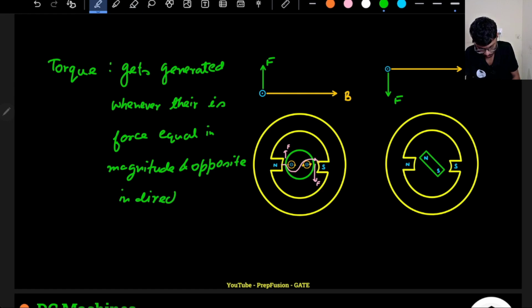So basically this is how the torque gets established in a motor.